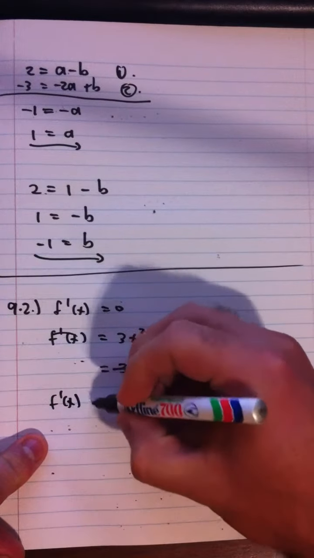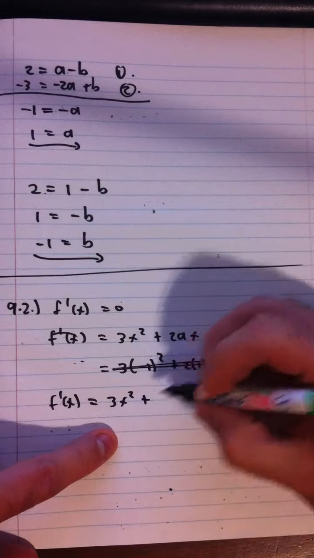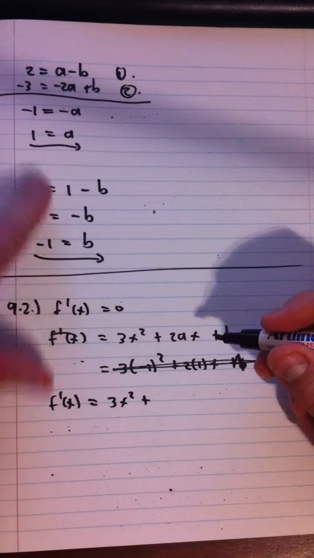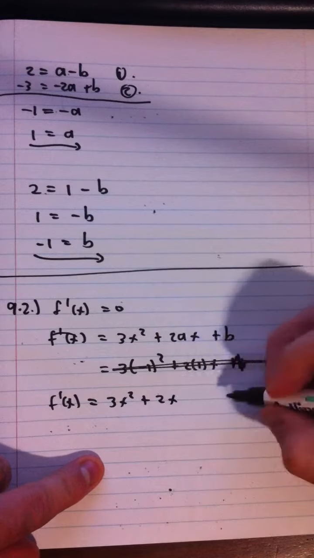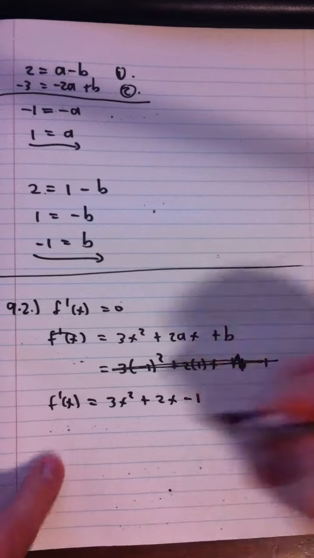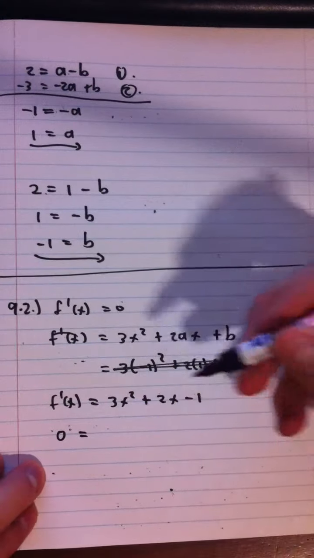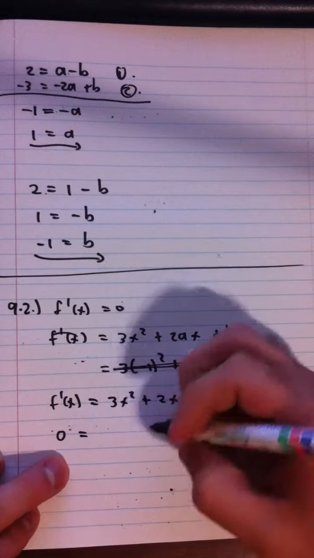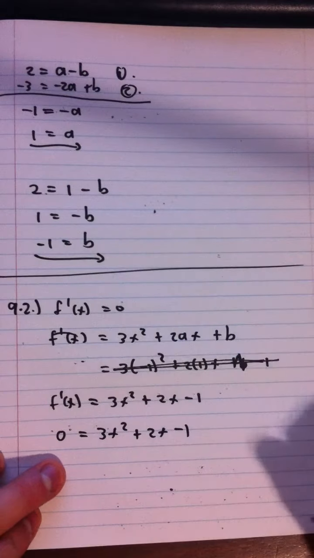F prime of x, let's do that again, equals 3x squared plus 2 times a. 2 times 1 is 2, so that becomes 2x, and b is negative 1. So that's our derivative now. We put that equal to 0 to solve for the two values of the turning point. And that gives us 0 equals 3x squared plus 2x minus 1.